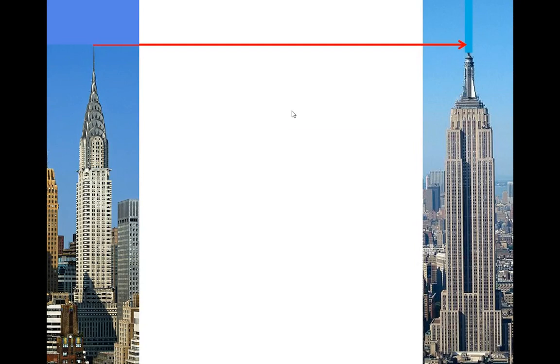Ha ha, he wins. Oh, but the Empire State Building architect has a little trick up his sleeve. Hiding in the top floor of the Empire State Building is his own radio antenna, which, when it is completed, will make the Empire State Building the tallest building in the world.